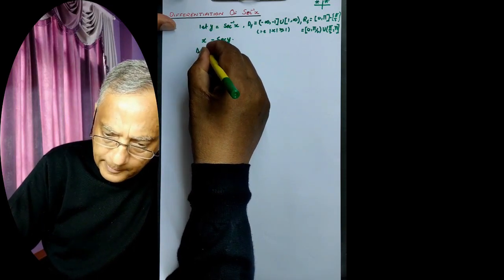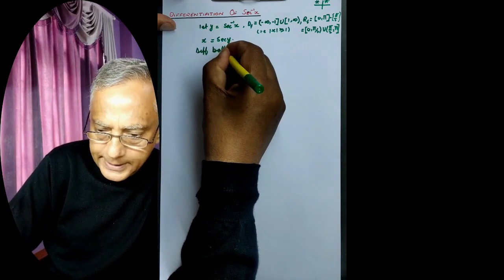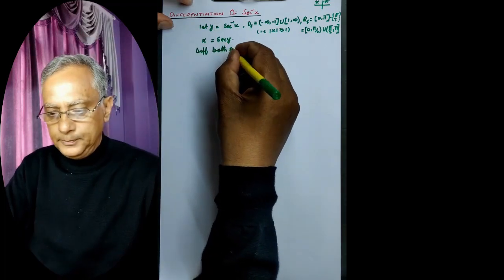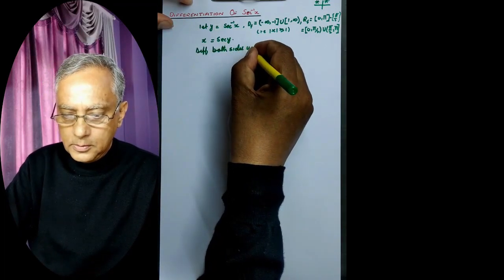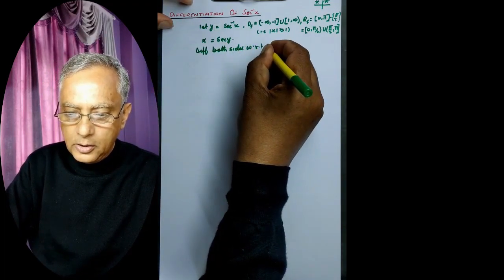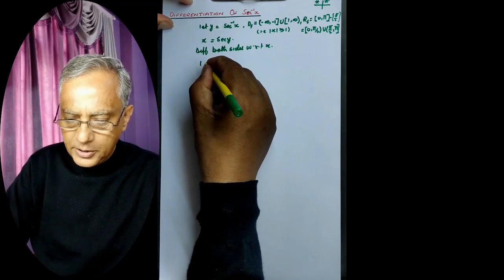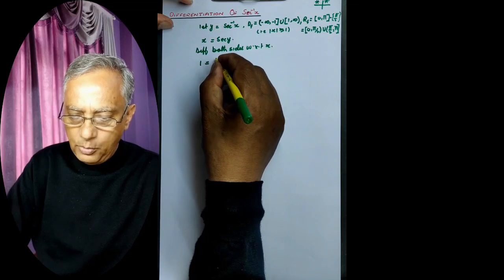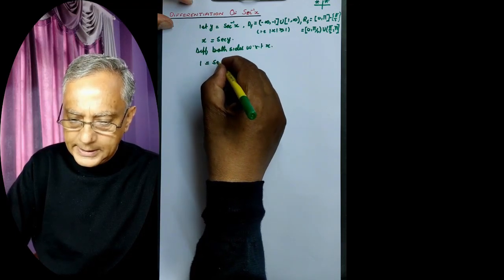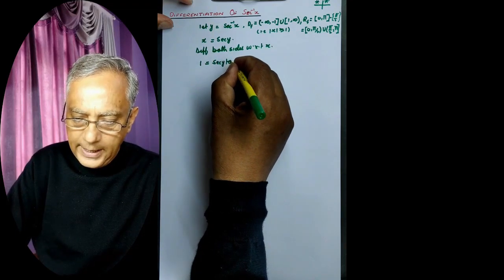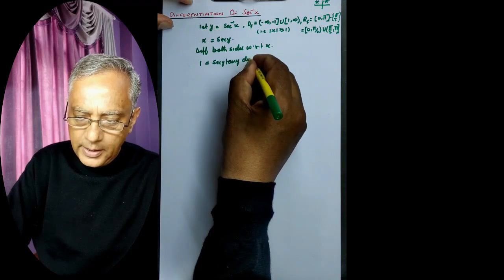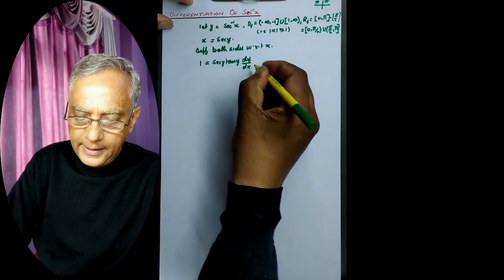Differentiating both sides with respect to x, what we get is differentiation of x is 1, differentiation of secant y is secant y tangent y into dy by dx.